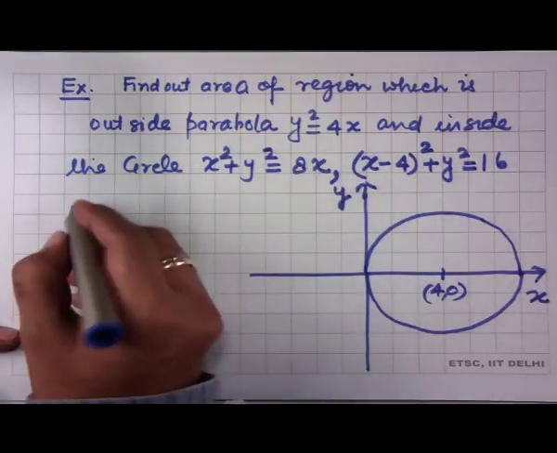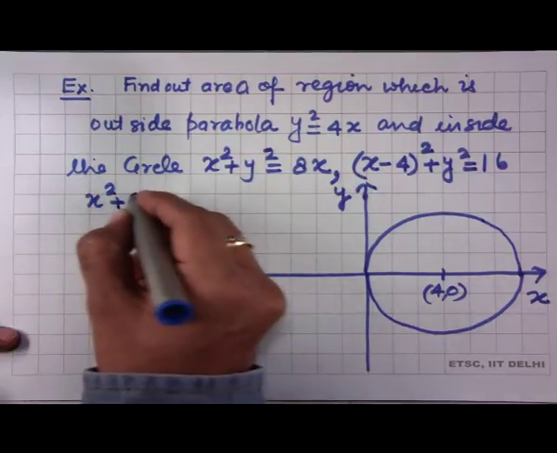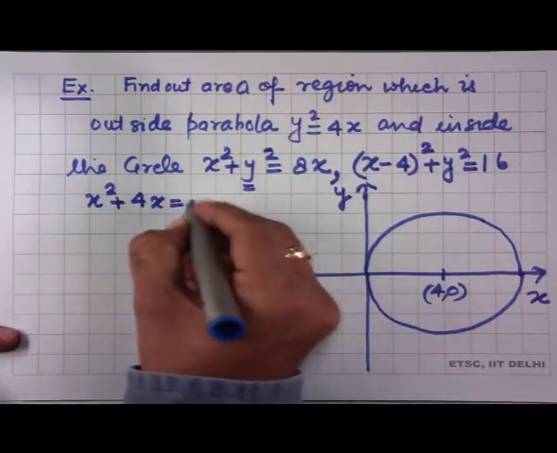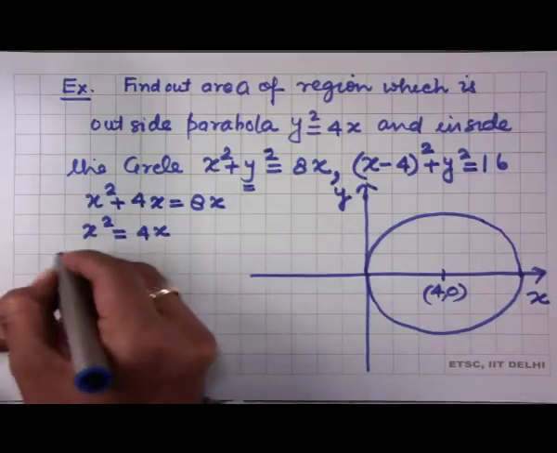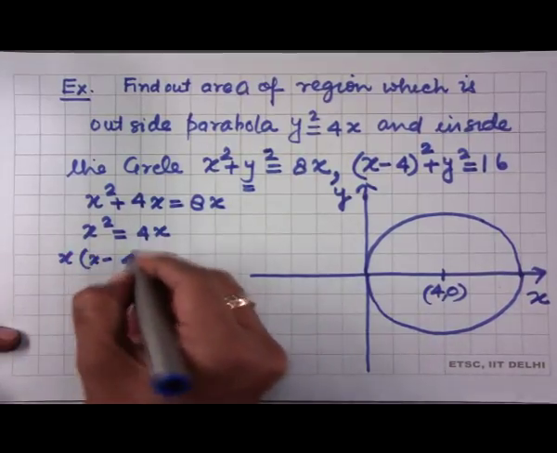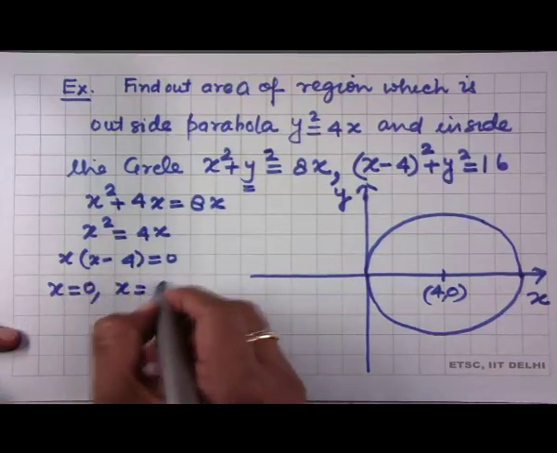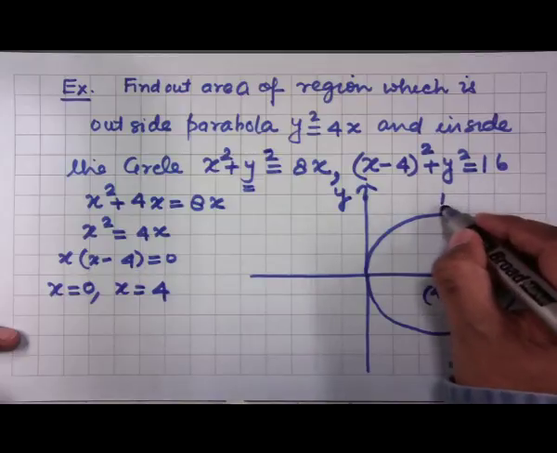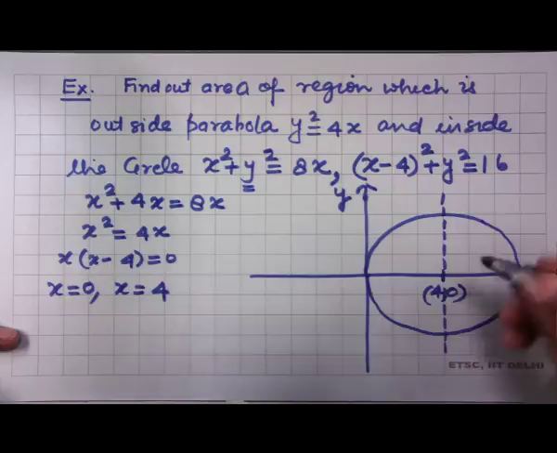So, we need to find out that. Replacing y square by 4x here, we get x square plus 4x equals 8x. So, x square is 4x, x into x minus 4 is 0. So, x equals to 0, x equals to 4. So, the parabola intersects the circle at x equals to 0 and x equals to 4.